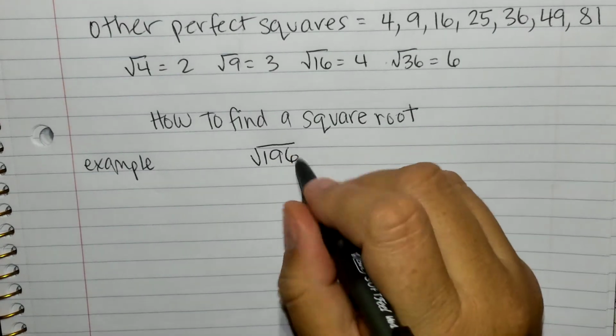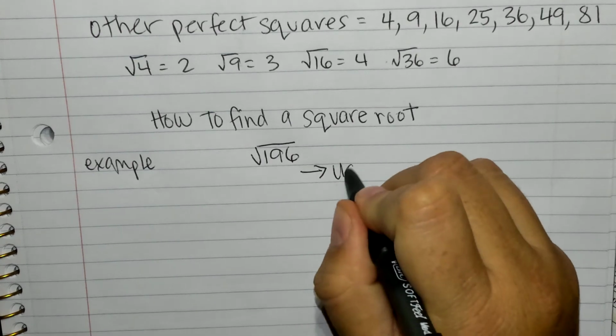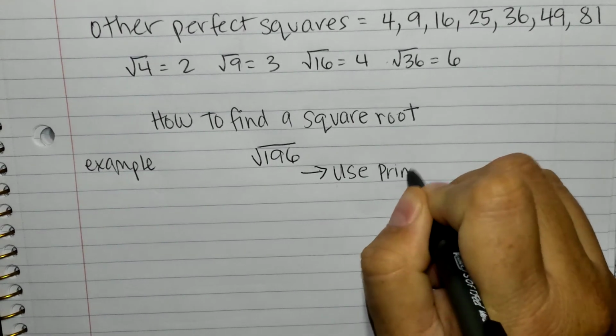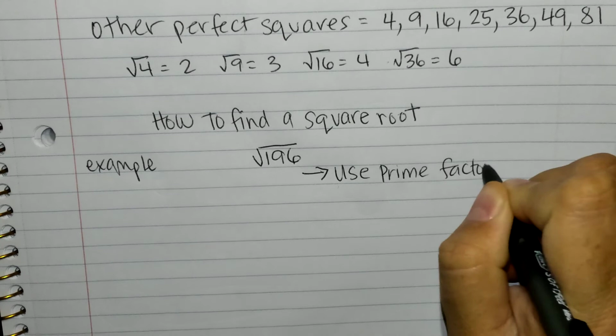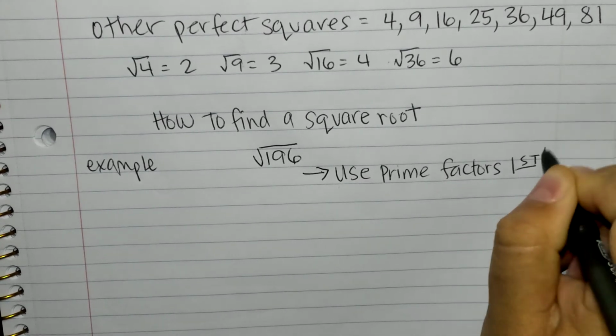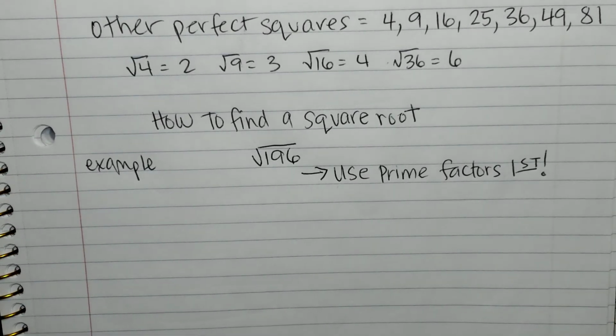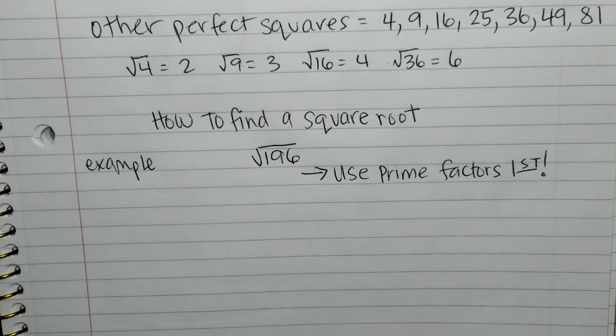And in order to do that, we are going to use prime factors first. You already learned how to break down numbers using prime factors. If you need to go back and look at your notes that tell you about prime factors, go ahead and pause and do that now. We have our sieve of Eratosthenes that has a list of prime factors. We're going back to that basic thing.